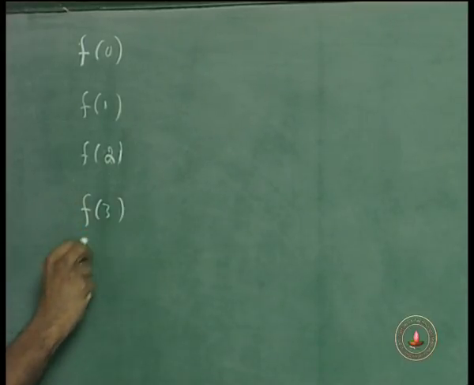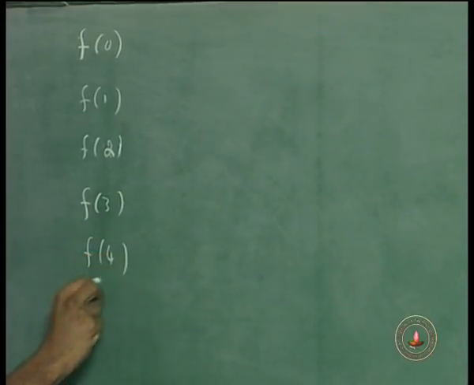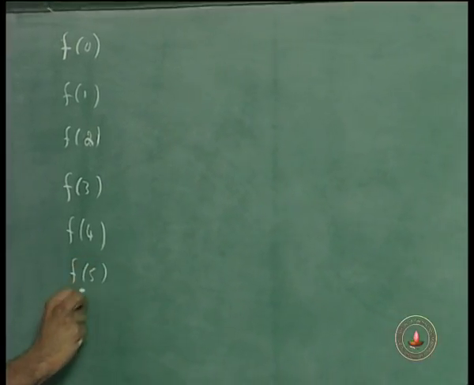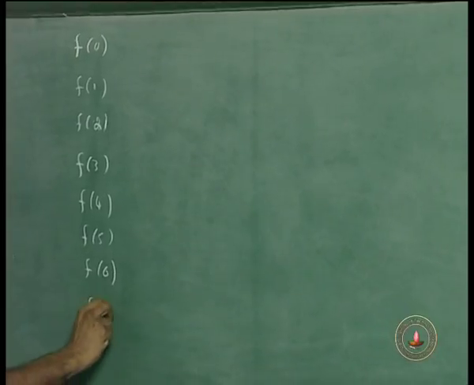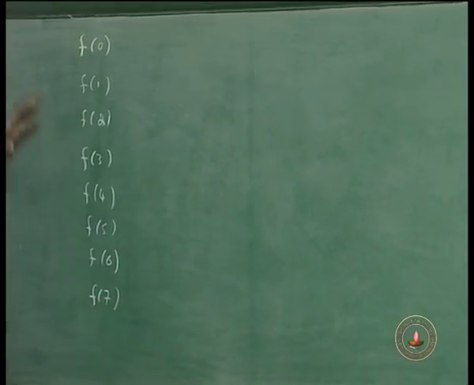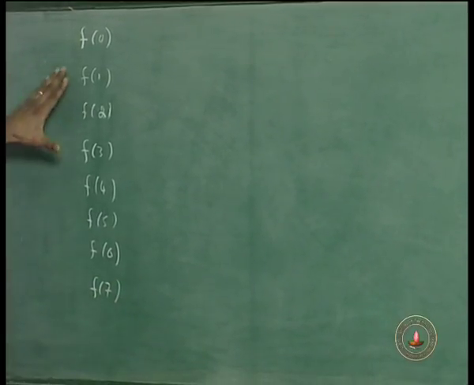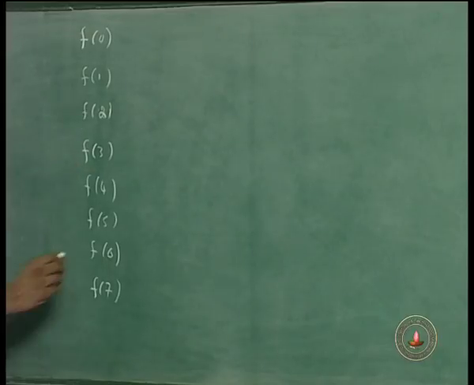So we have f3, f4, f5, f6 and f7. We have the function values tabulated at these 8 points, and we want to compute the Fourier transform of this.